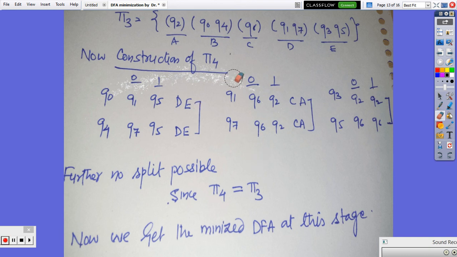So here no further splitting is possible, and we are getting pi 4 equal to pi 3. So here we have to stop, and at this stage we got our minimized DFA.